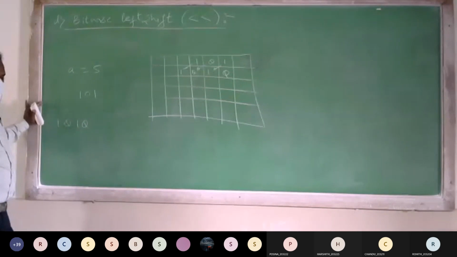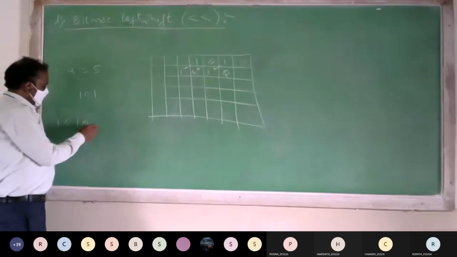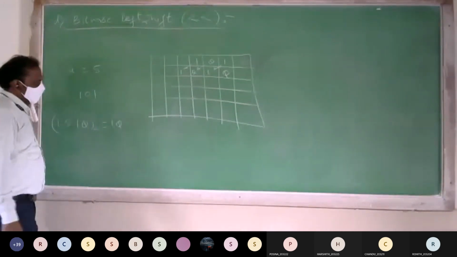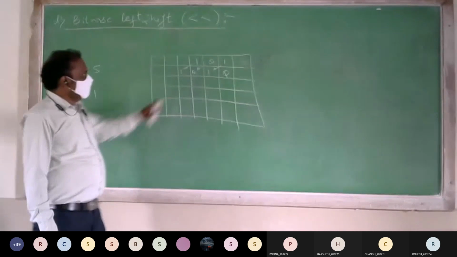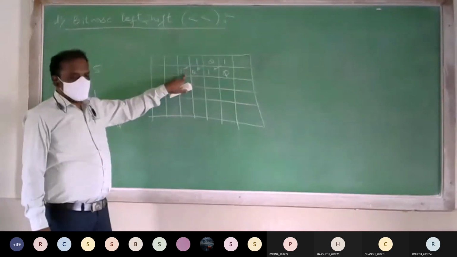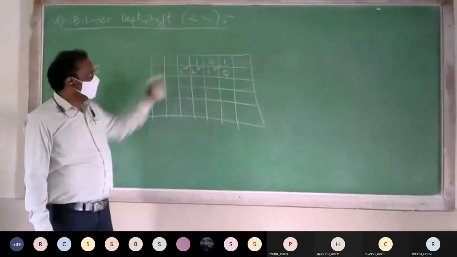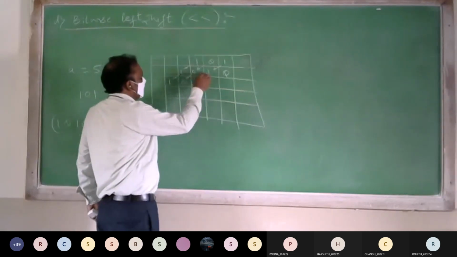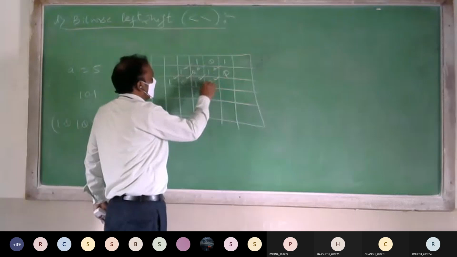What is the decimal value for 1010? 10. The decimal value is 10. Now, 5 is shifted 1 time left side. Now, 5 shifted 2 times left side means this 1 will come here, this 0 will come here, this 1 will come here, this 0 will come here.